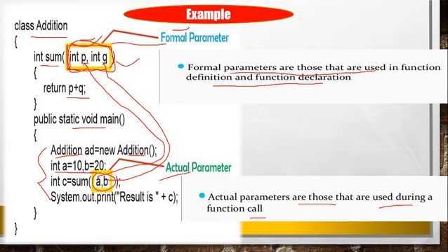You can see here, actual parameter is passing the value to the formal parameter, and then formal parameter works on that particular value. Actual parameter passes the value to the formal parameter, and formal parameter accepts the value from the actual parameter. Formal parameters are those that are used in the function definition, and actual parameters are those that are used during a function call. Okay.